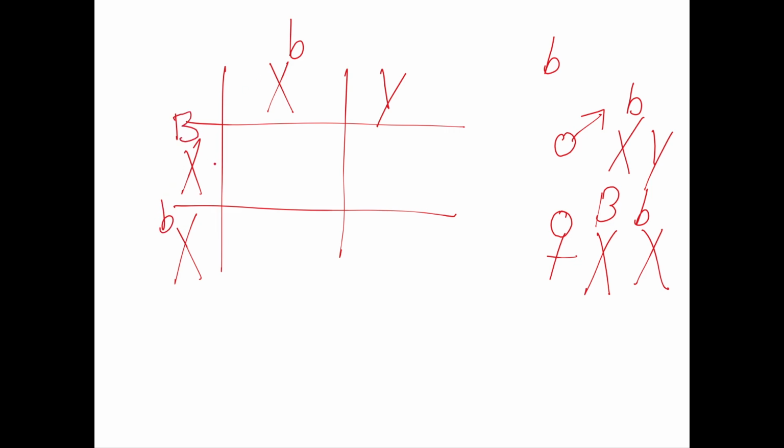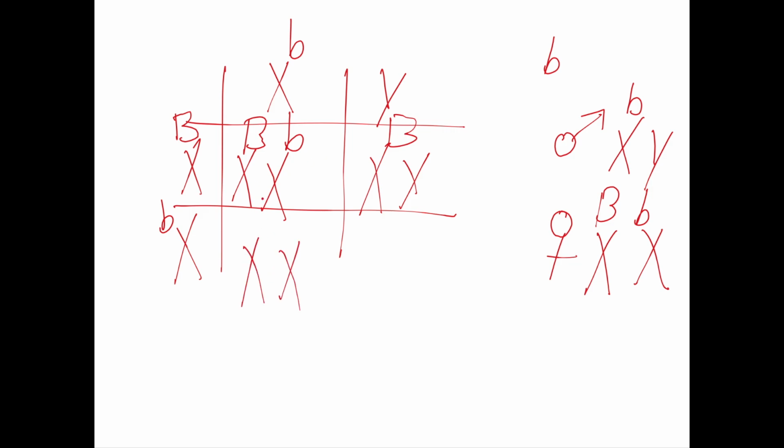Now here we have the first child. She is not affected even if she is a carrier. This boy is not affected, he is normal because he has capital B. This female is affected, she has the recessive on both.